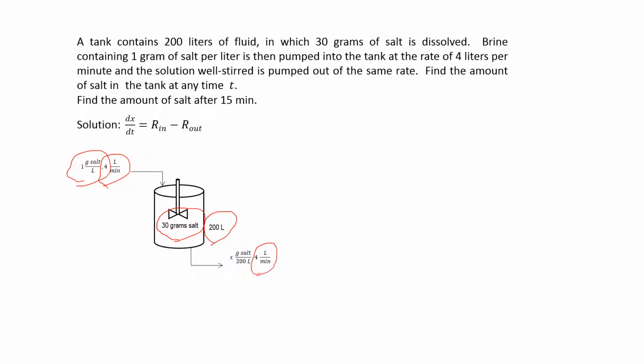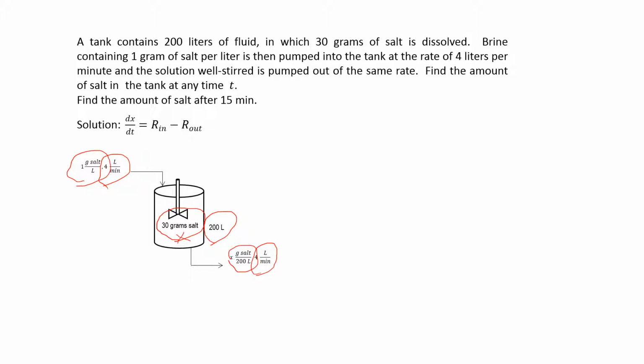And of course, this will be mixed already, and if we assume that the variable amount of salt in the tank is X, then the concentration of salt in the tank is equal to X over 200.